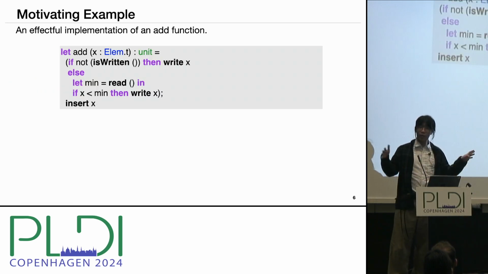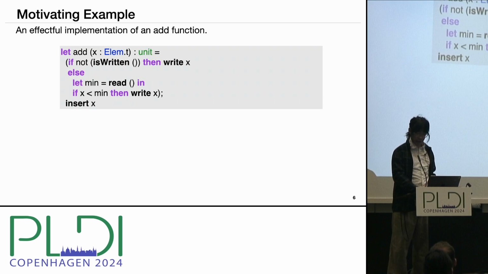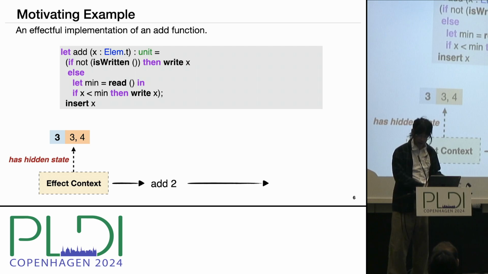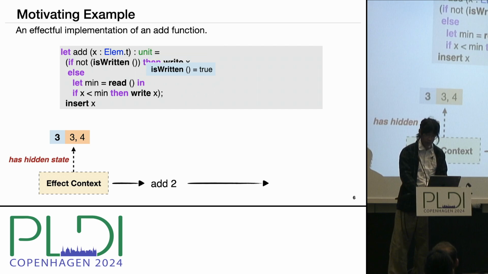Okay, here is an example of the code of the add function implemented with the effectful operators. And the effectful context has hidden states. If you run the add function under this hidden state, say you add element 2, in the first line we check if a previous write happened. Because we have a minimum element 3, that is true.